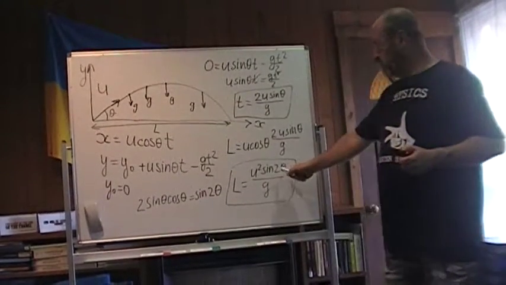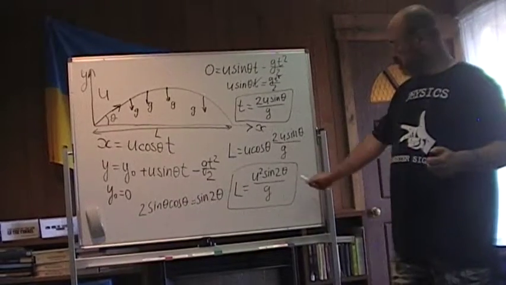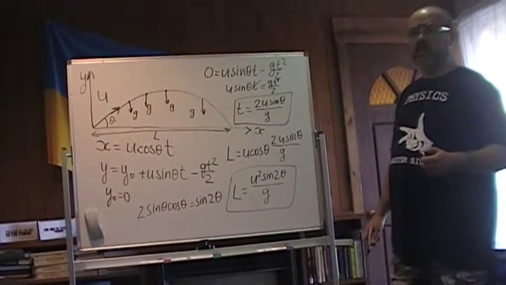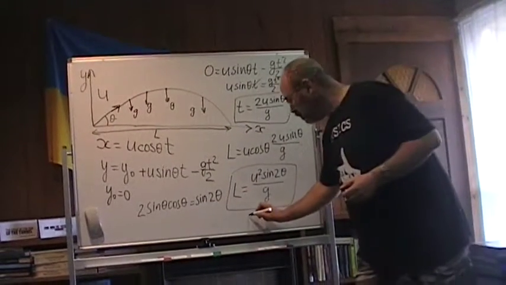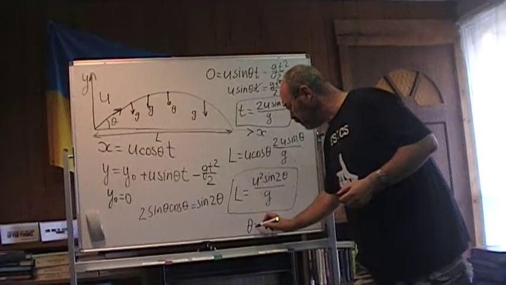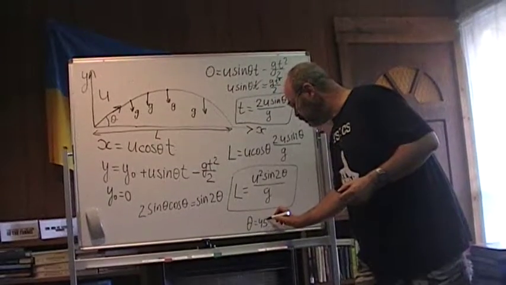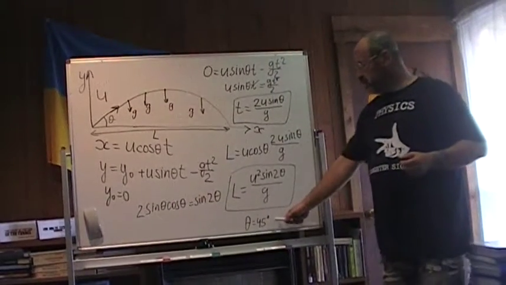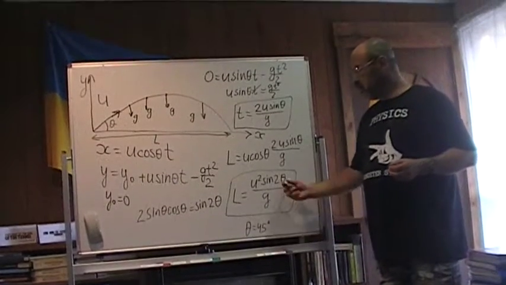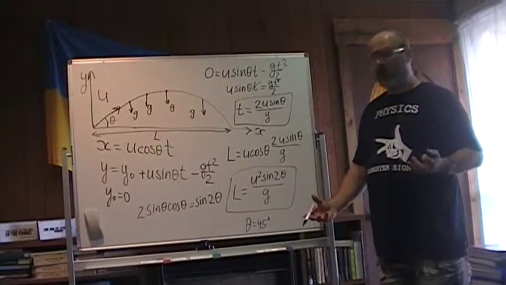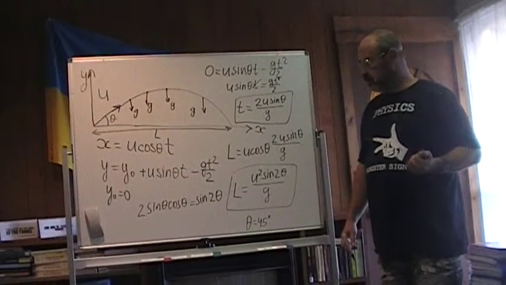Looking at this expression, we can see that the longest range will be achieved when the angle equals 45 degrees. Because when it's 45 degrees, 2 theta becomes 90 degrees and sine 90 degrees is 1, the biggest the sine can be.